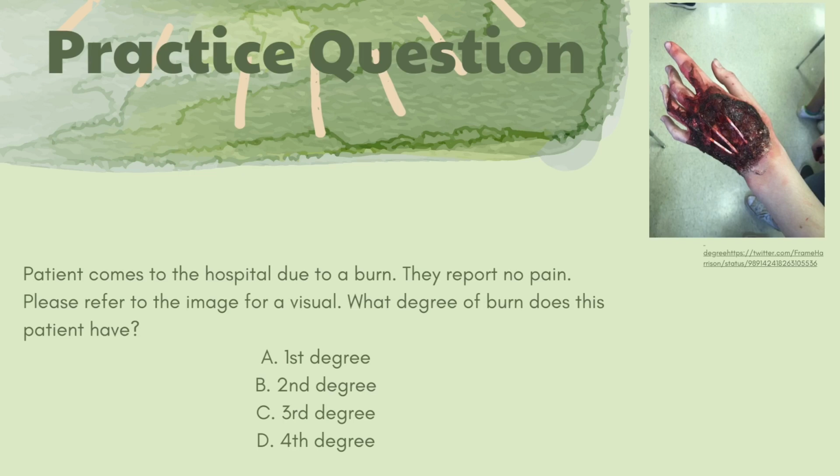If you need more time, please feel free to pause the video and finish answering. Okay, the correct answer is D. The big thing about fourth degree burns is that you could see muscles, bones, tendons, and another big thing is that the patient will have no feeling due to nerve endings being burned off.